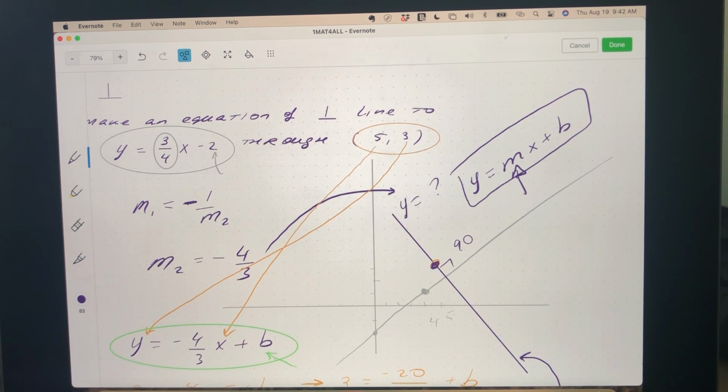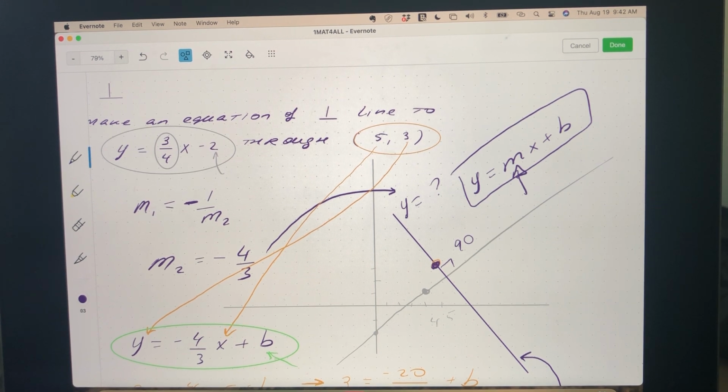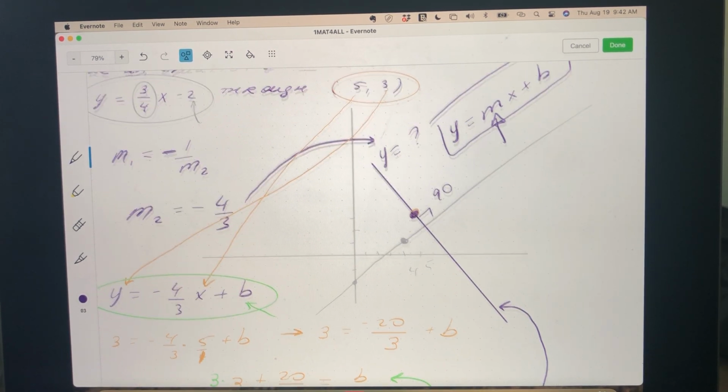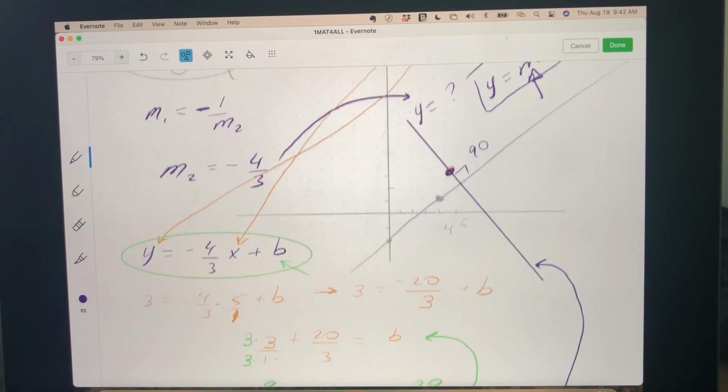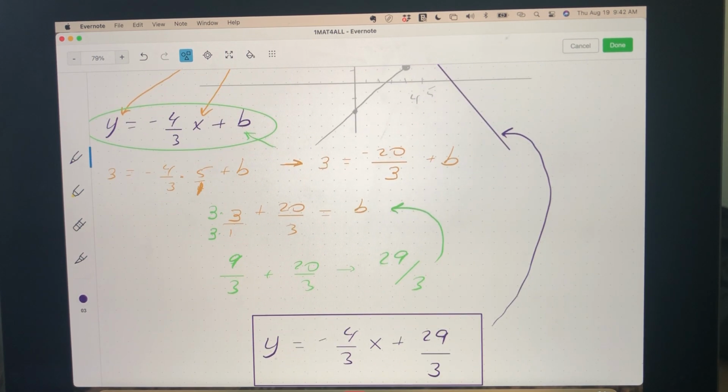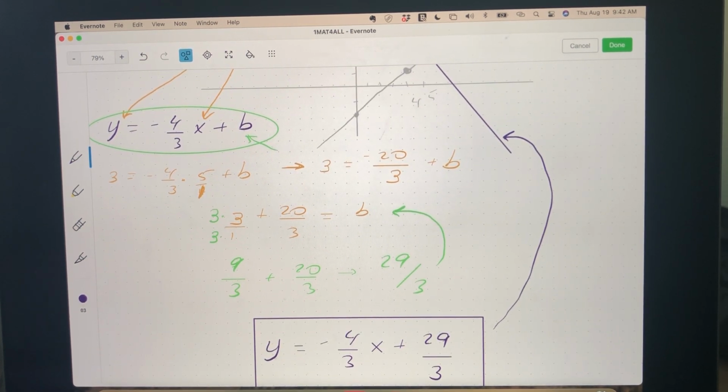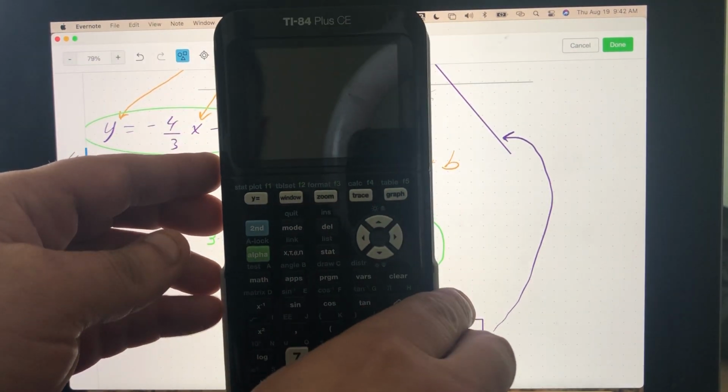Now we can look at it with a calculator and see if it makes visual sense, that the lines are perpendicular and that the lines go through the right point. So let's have a look. Here is our calculator.